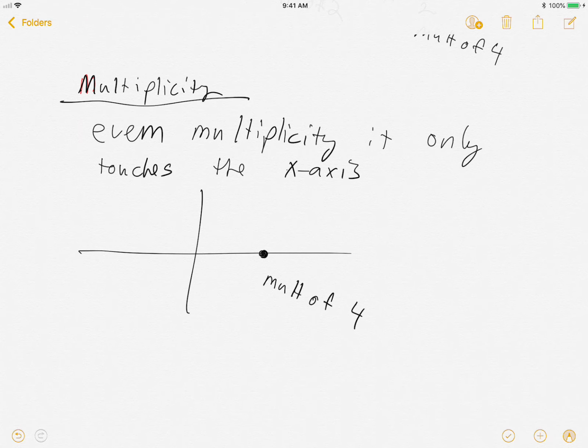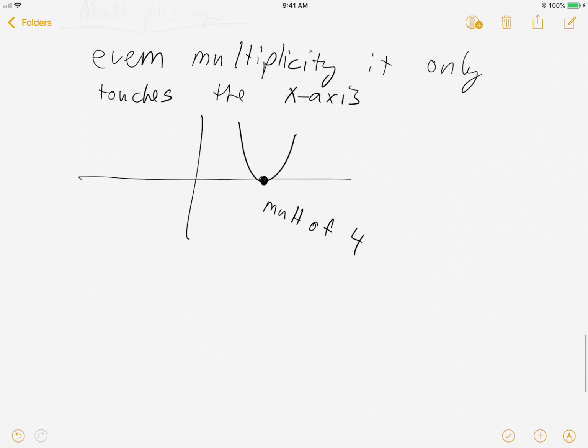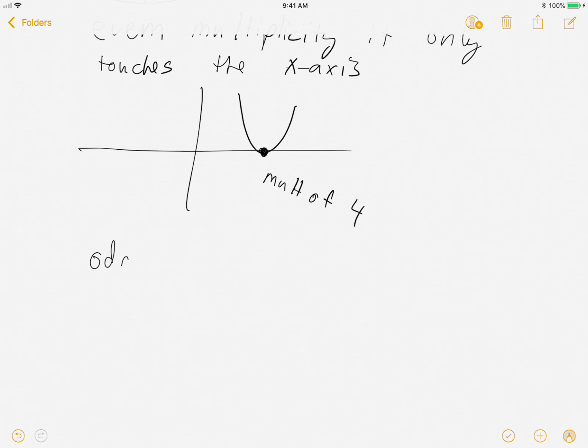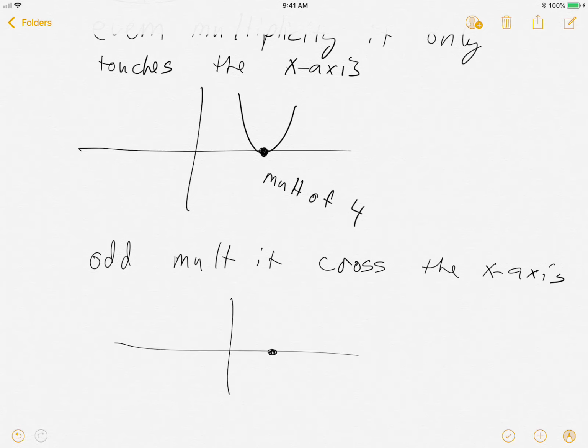The graph's going to come along and just touch it. Okay, so it is an x-intercept because it intersects the x-axis, but it doesn't cross over it. If something has odd multiplicity, it crosses the x-axis. So it'll look like that.